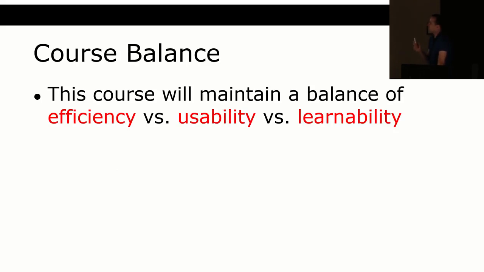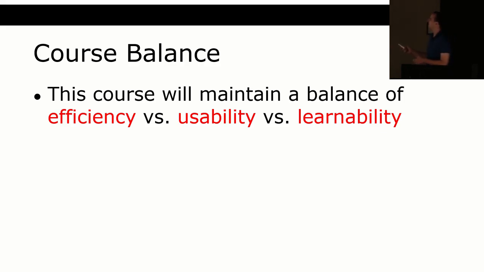Something very important is that this course is going to maintain, as we go, a balance between efficiency, usability, and learnability. So what do I mean by that? Efficiency is, at the bare metal level of computers, how fast is this code? Could we do it faster? Could we do it with less memory? That's efficiency. Usability is how difficult is it to implement that thing?